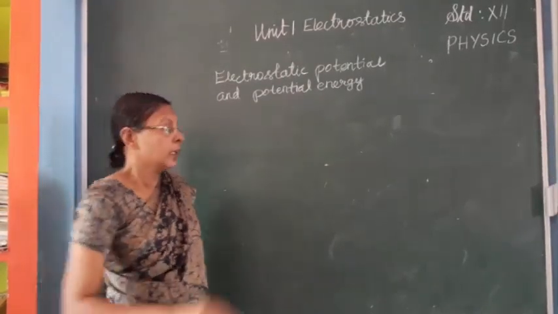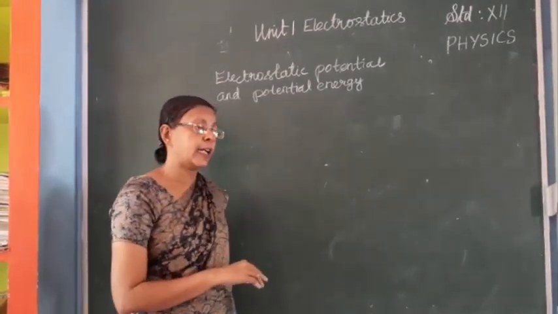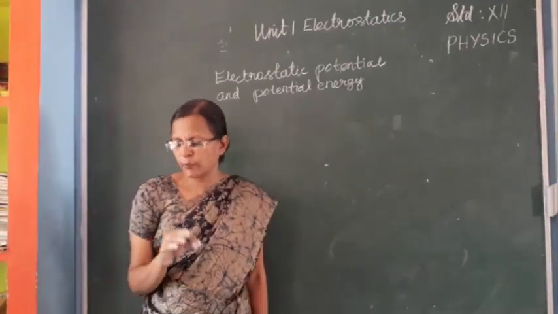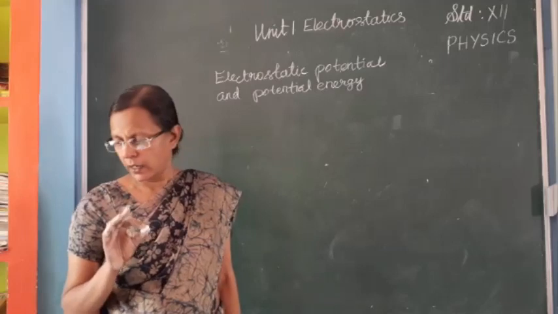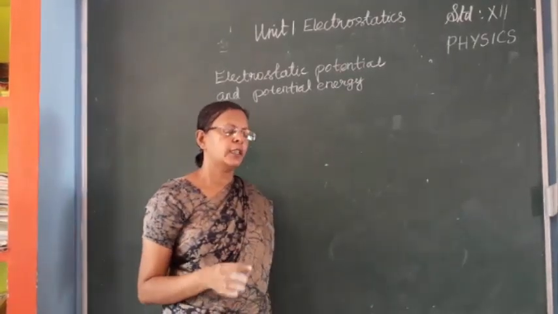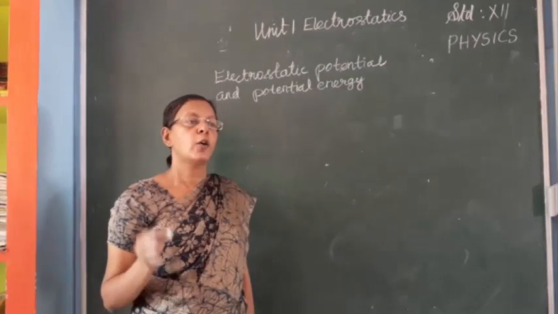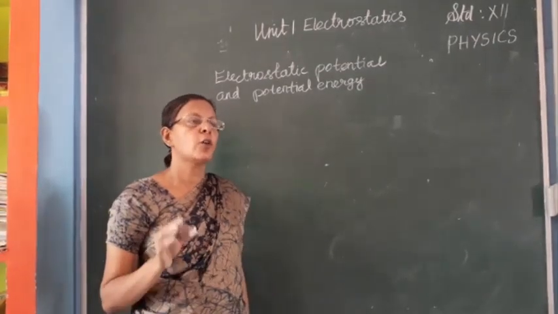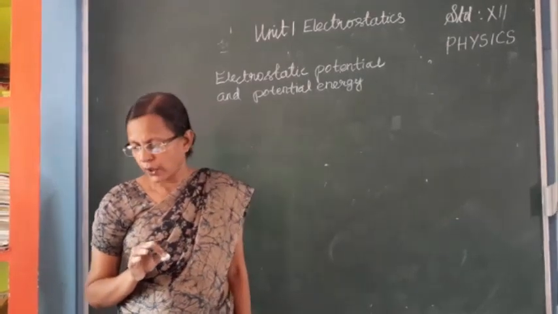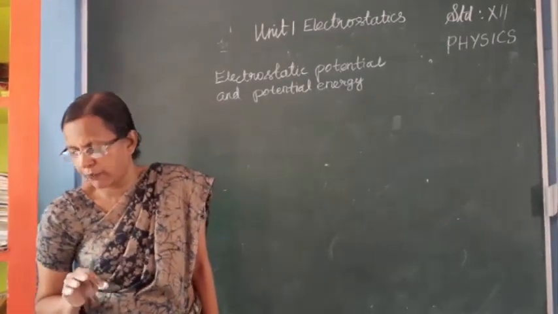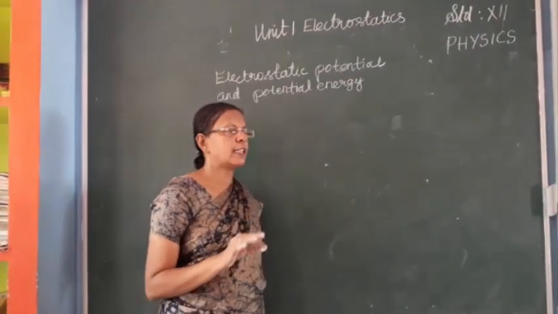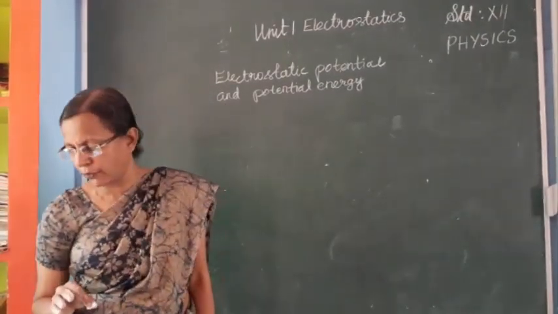In the earlier lessons we learned Coulomb's force. This Coulomb force obeys the inverse square law, so it is called an inverse square law force. This inverse square law force is also a conservative force.